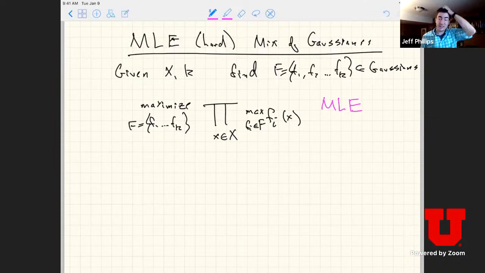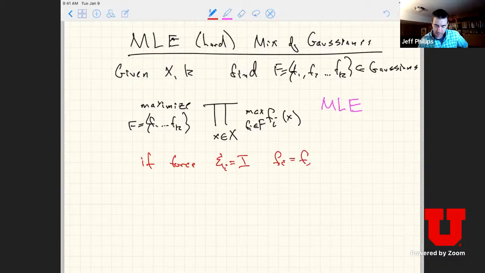Now I want to point out, if I look at this formulation, and I force each sigma i to be the identity matrix, that means each Fi is equal to an F of mu i, identity, of x, which has some coefficient in front, but that's all going to be the same coefficient, times minus x minus mu squared over 2.